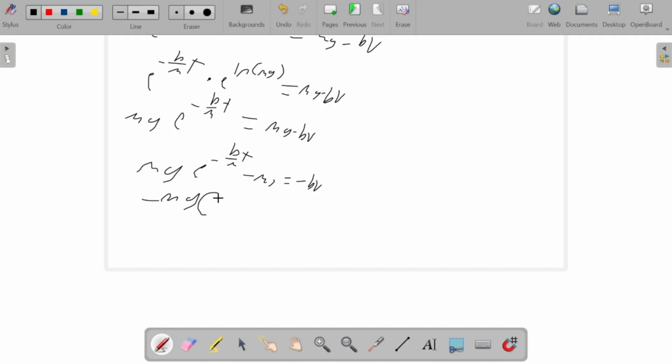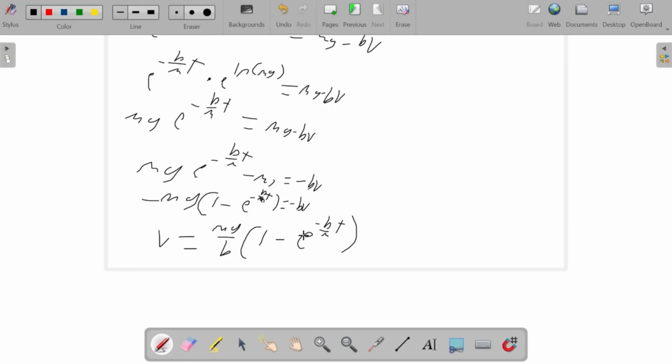So we get minus mg times 1 minus e to the negative b over m t equals minus bv. Now divide by minus b on both sides. We get that v is equal to mg over b, parentheses, 1 minus e to the minus b over m t.